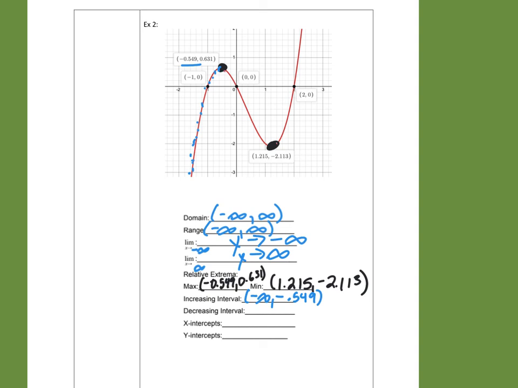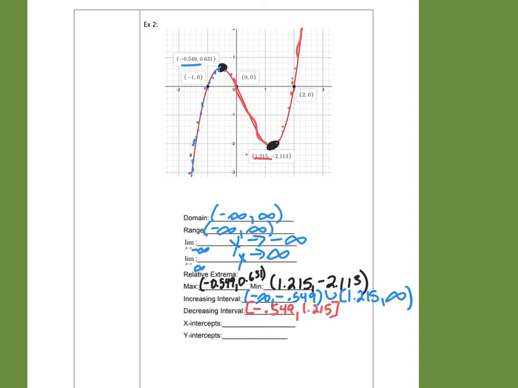Now we switch, we are now decreasing from that point, so from negative 0.549 to this x value, 1.215. And now, finally, looks like we just had one more turning point, and we're now increasing. So we'll put a U shape here. We left off at 1.215, and we're going to infinity.